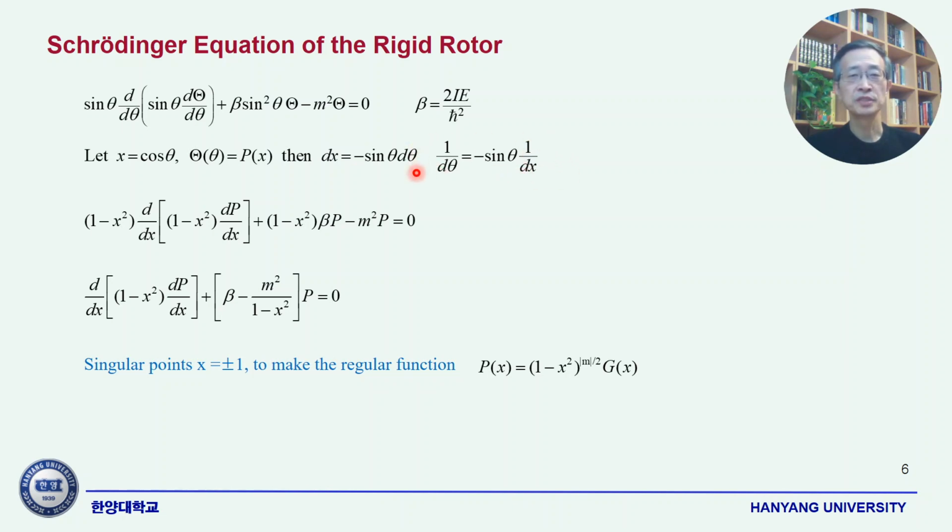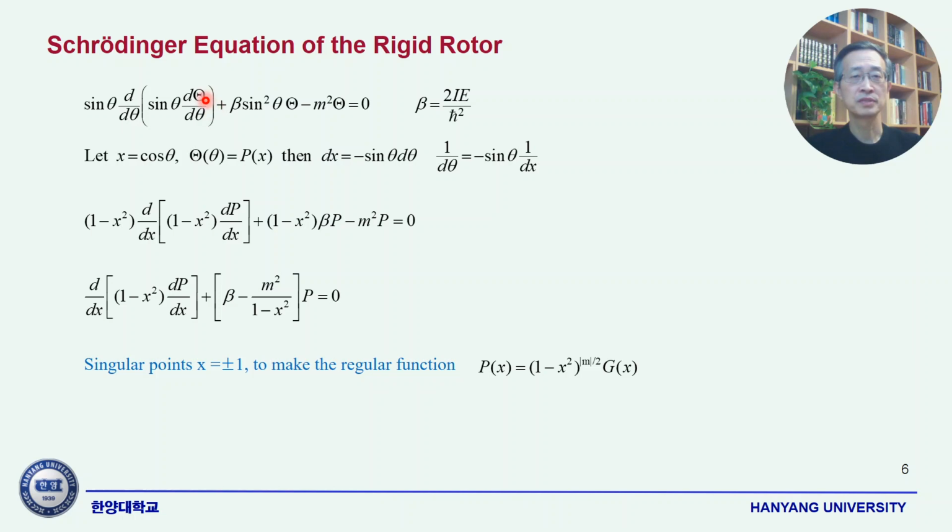Okay, you do this substitution. So you have sine theta, and then minus sine theta d/dx. So basically what you have is minus sine squared theta d/dx. Now this part also you have minus sine squared theta d/dx. So minus minus is plus. Sine squared theta is 1 minus cosine squared theta, which is 1 minus x squared. So 1 minus x squared d/dx, 1 minus x squared d/dx.